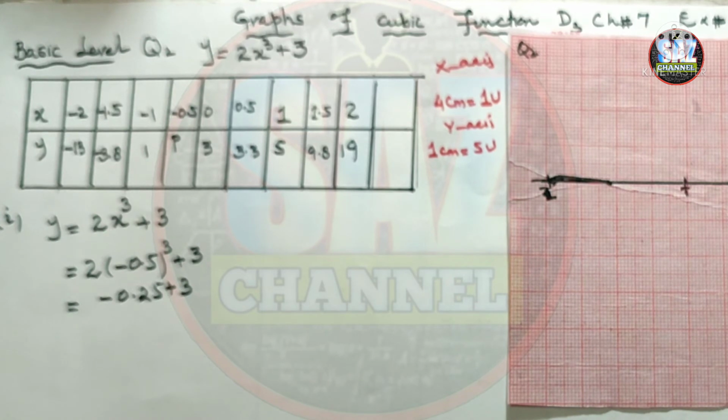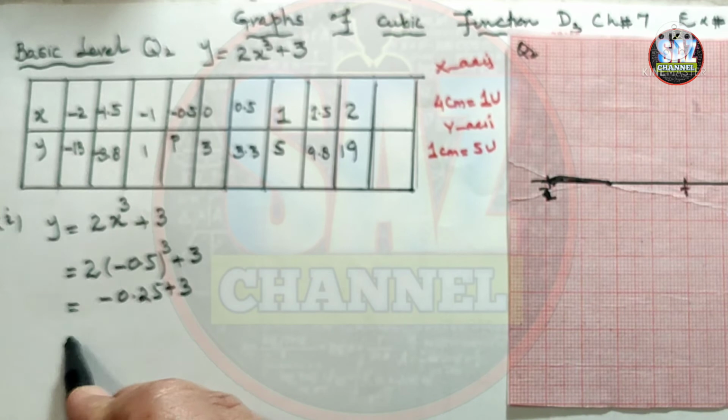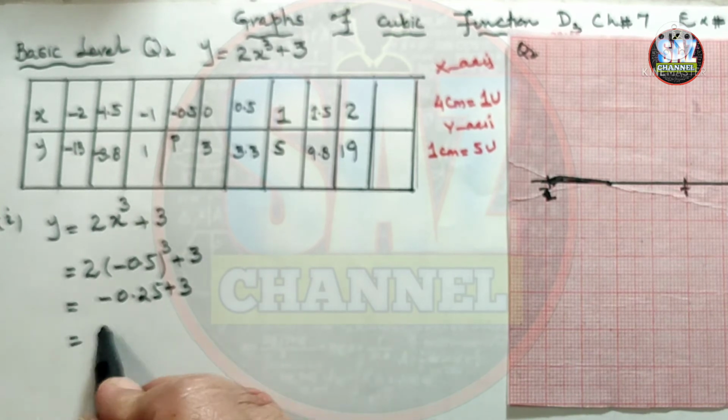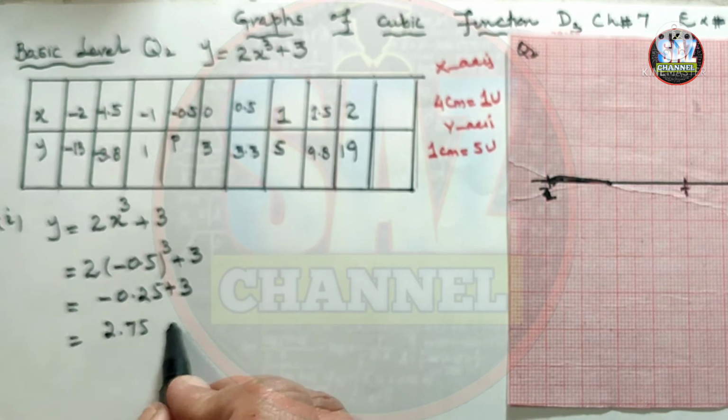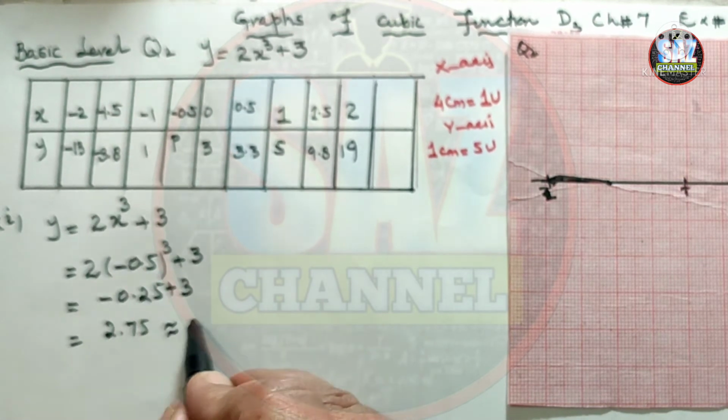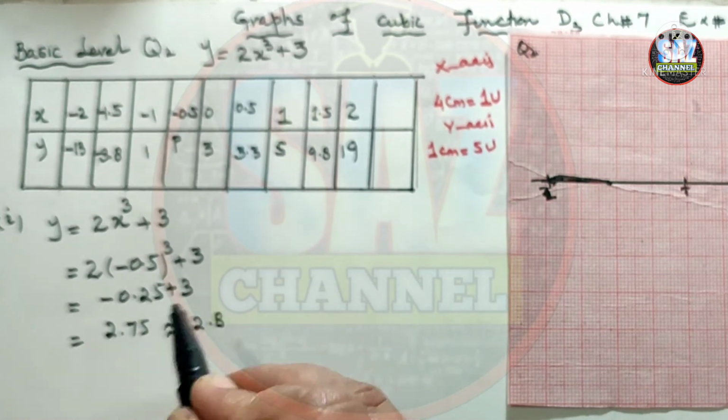As we have to take the value nearest to one decimal place, 2.75 is approximately 2.8 to 1 dp.